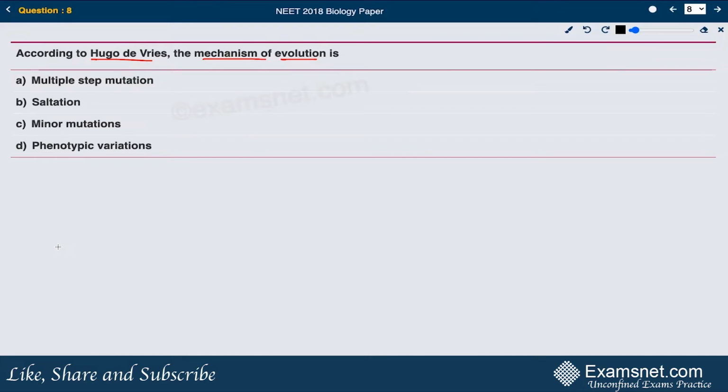He was the person who contradicted Darwin's theory of natural selection. He explained that evolution is a discontinuous phenomenon, and later on he considered it a saltatory condition or a saltation phenomenon.